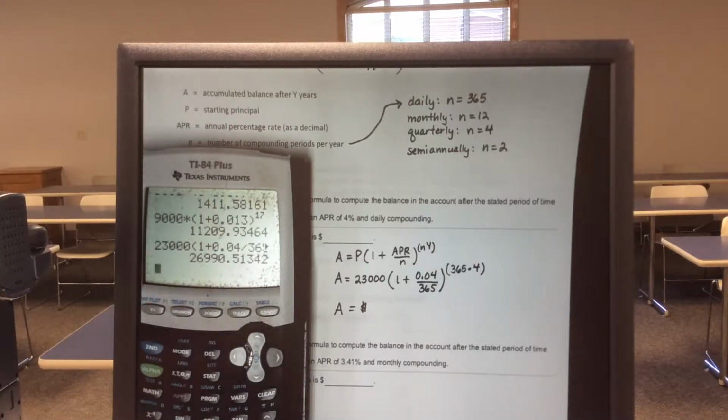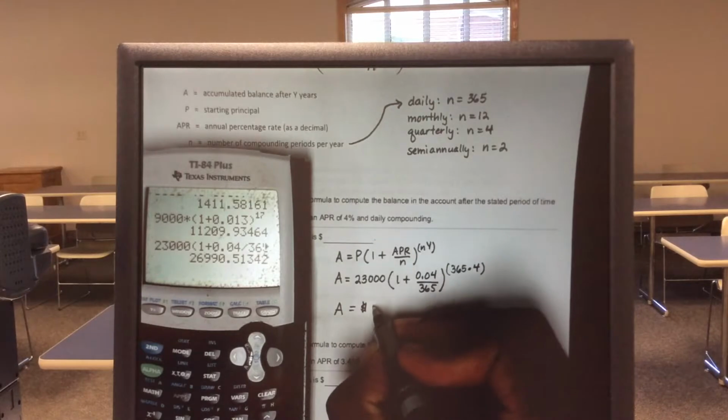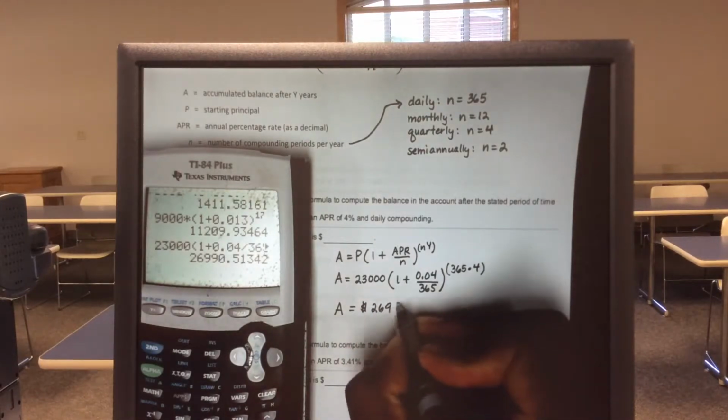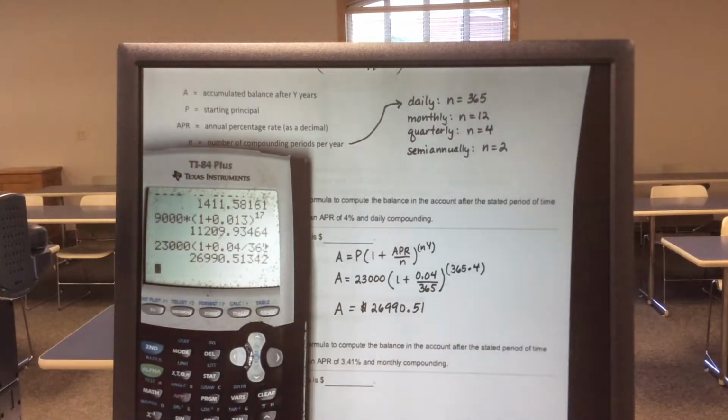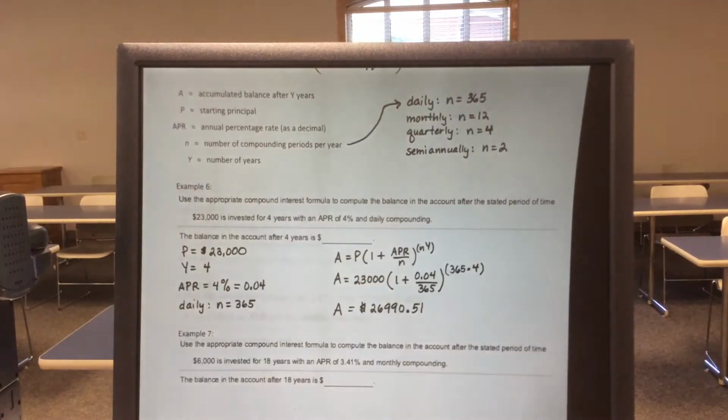Now here we're going to round to 2 decimal places, so that amount would be $26,990.51. That represents the balance in the account after 4 years.